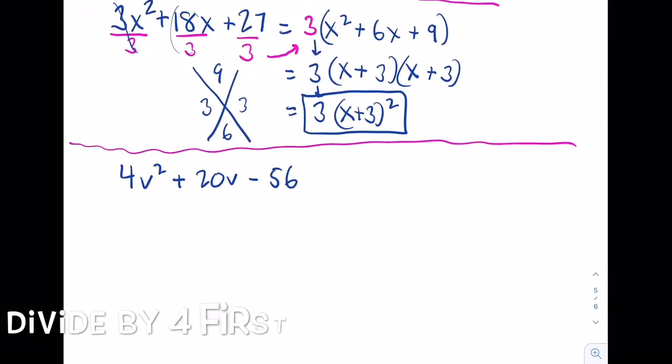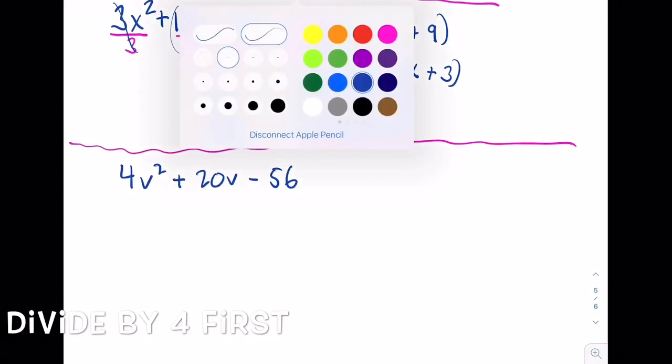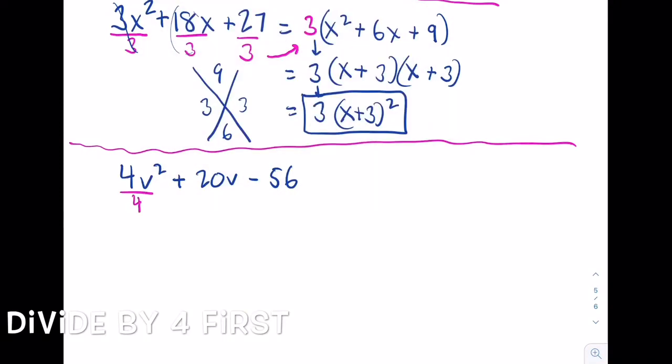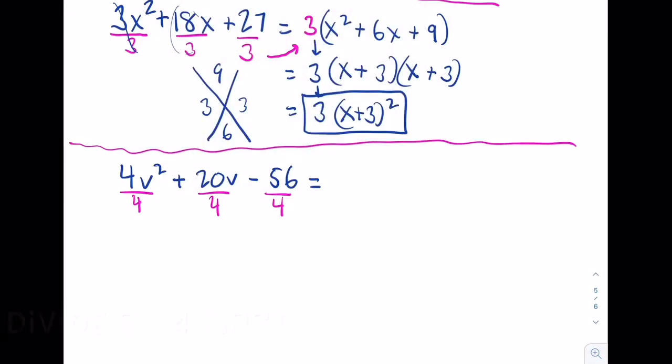Okay, next example. So we got 4v squared plus 20v minus 56. So we have a coefficient of 4 in front of the v squared. So we're going to divide by that number first. So everything, divide by 4, divide by 4, divide by 4. And this is going to be equal to v squared, because 4 is canceled, 20 divided by 4 is 5, so 5v.